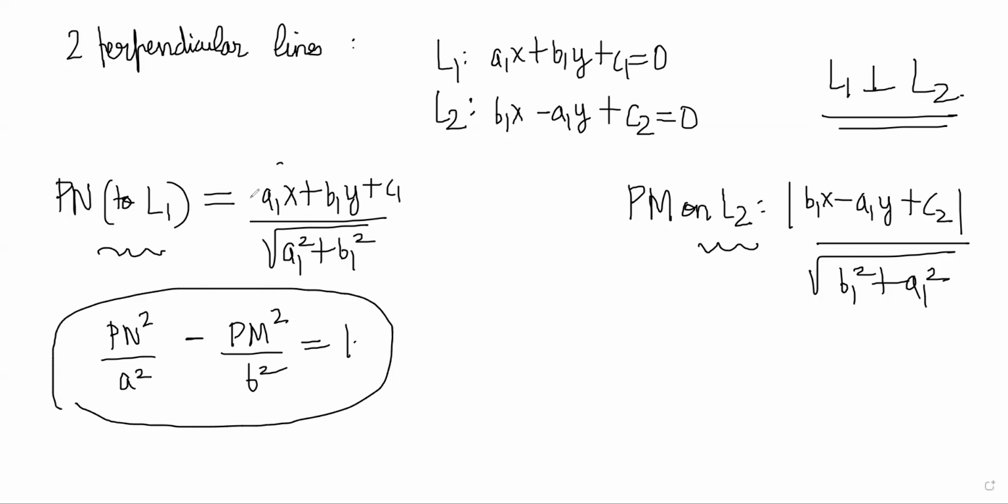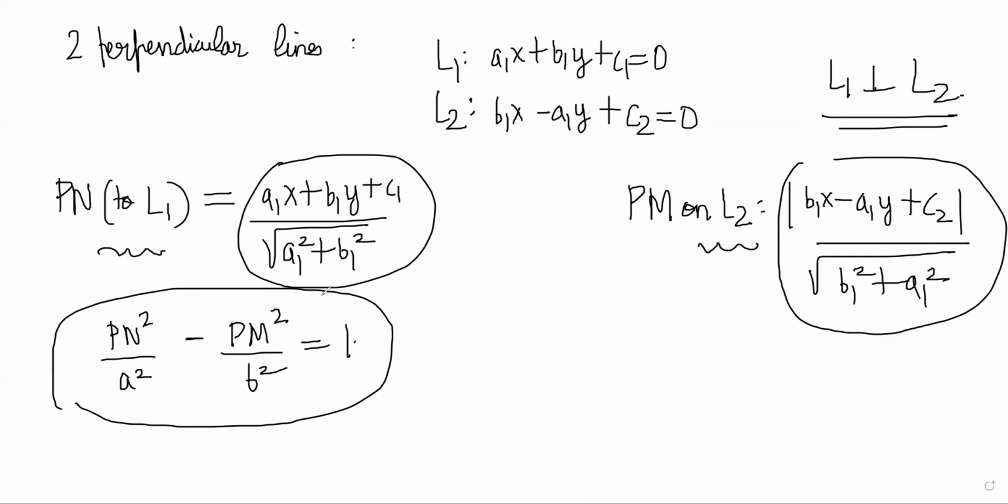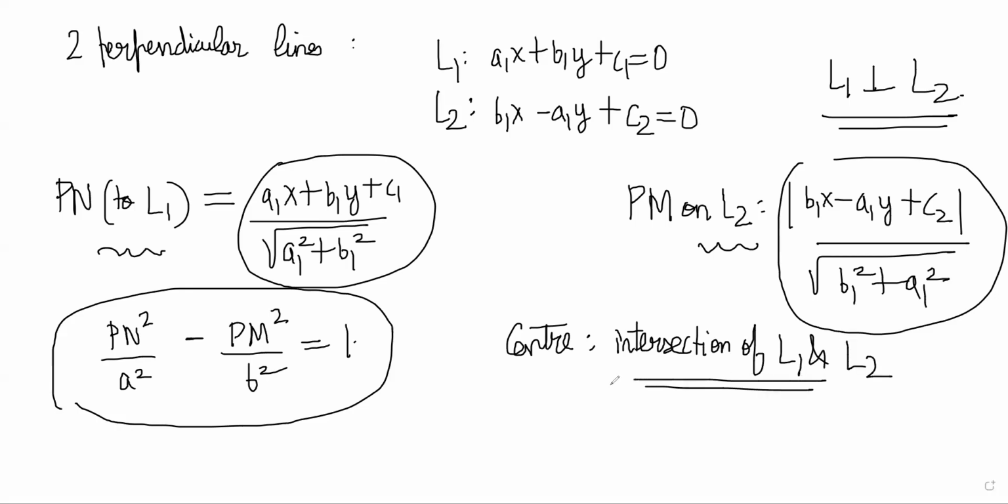And PN is this, PM is this. If you square it and simplify, you will get the equation of the hyperbola. Just put this data in it. Here, the center would be the intersection of L1 and L2. That would be the center.